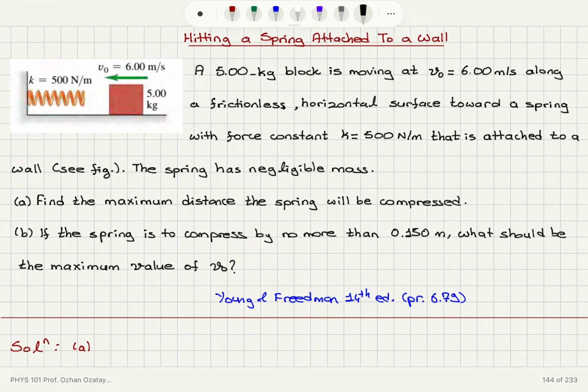So first of all, I should note that for maximum compression, when the spring is compressed all the way, the final speed of the block will be 0.